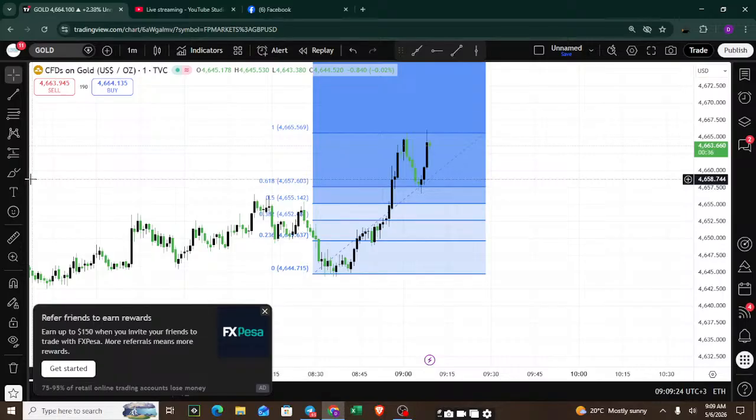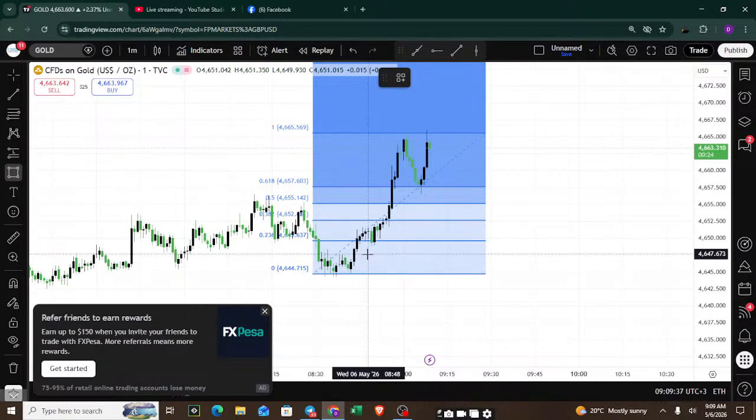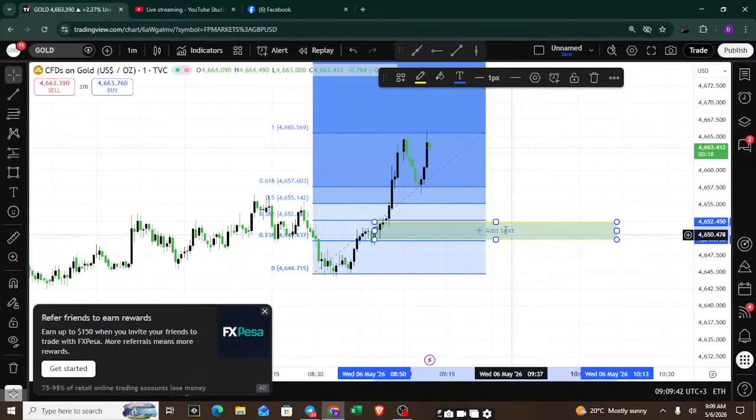We will be using what we call our fib. We shall be using the fib. Now my anticipation today for gold is for gold to get there.